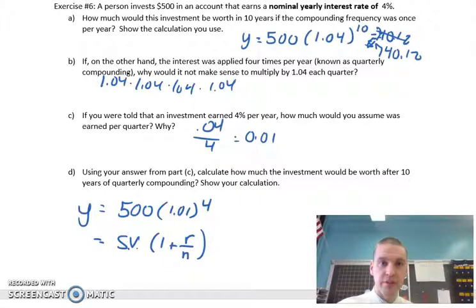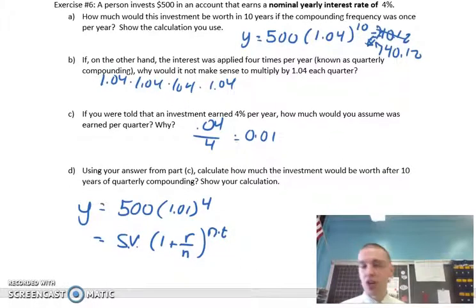Clear that up for you. Raise it to the number of times it was compounded times, and you could do this, if it was 2 years, it would have been compounded 8 times, so times t. So I took our starting value, how much we deposited in, I took our rate, I divided it by the number of times it was compounded, and then raised it to the number of times it was compounded, times the time period, the number of years that we have.